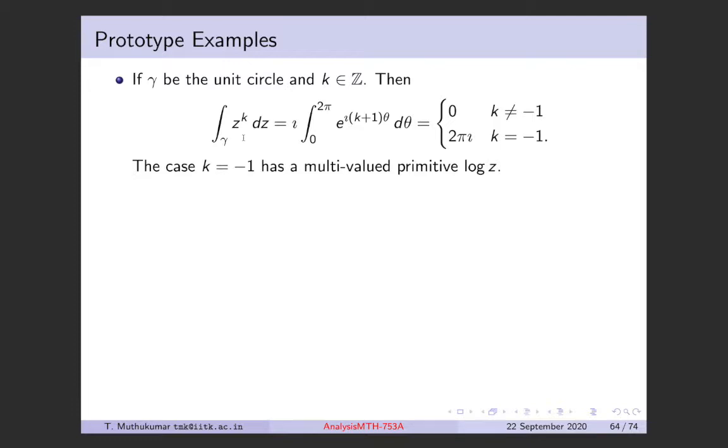So you don't have a neighborhood of the origin in which it is defined. But if you take any loop which does not contain the origin, you will notice that the integral will be 0, because in that case you can always choose a branch cut which does not intersect the curve. You can choose the branch cut along any curve starting from the origin.